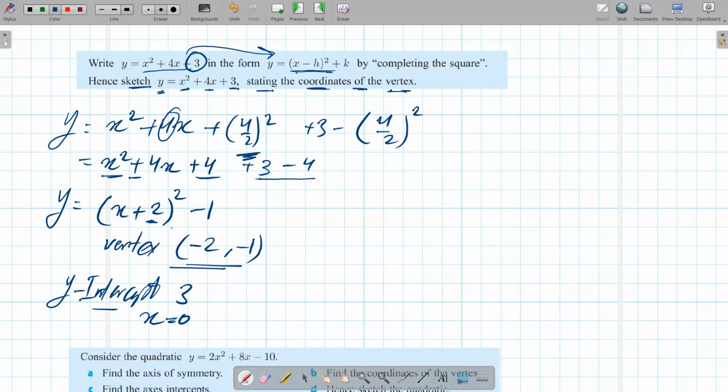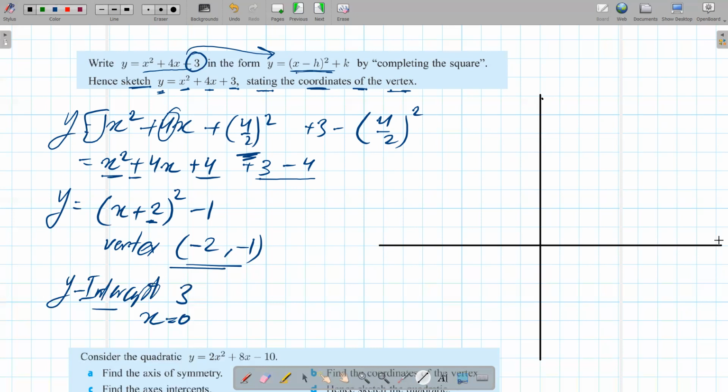Is it concave up or concave down? Up. Up, because? It's positive. Yes, the coefficient of x squared is positive, not negative. Then we're gonna graph our coordinates, x-axis and y-axis.